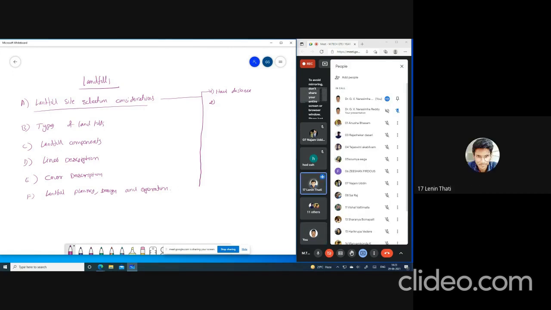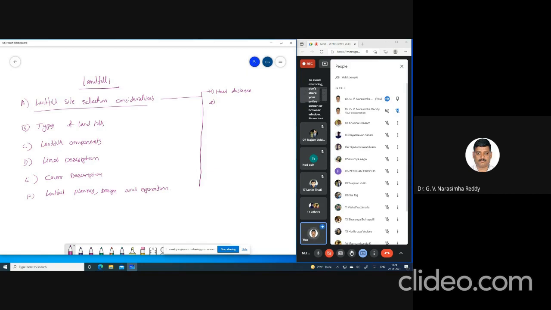No, sir, because of the smell and other things. So from the comfort and convenience point of view, it should be as far from the city as possible. But from the transportation point of view, it should be as near as possible. So you try to see that the haul distance is as minimum as possible.